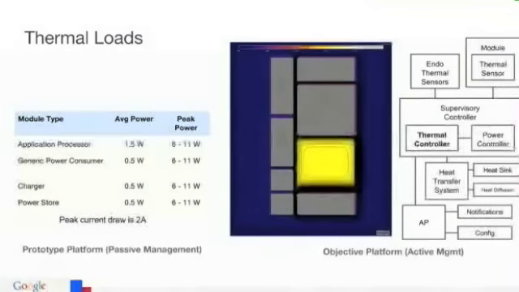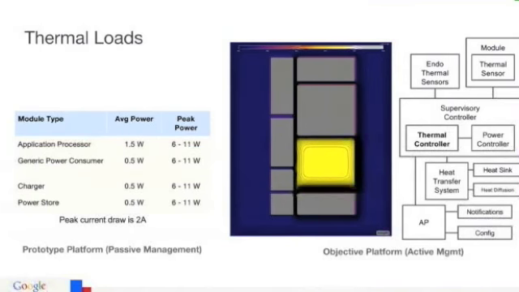We envision, however, that in the objective platform, we would have a much more sophisticated active thermal management system. So we've begun some preliminary analysis on trying to understand how heat dissipates on the phone.